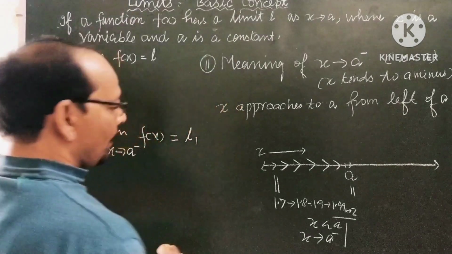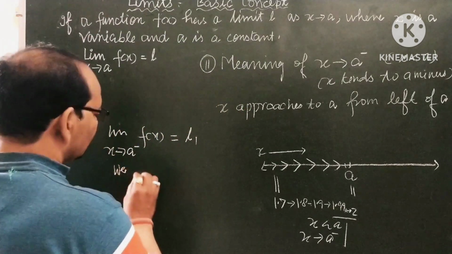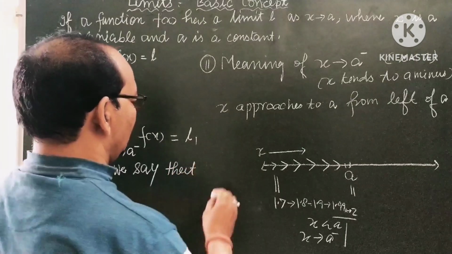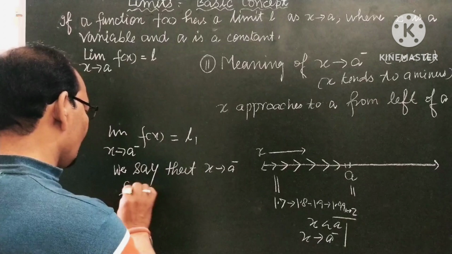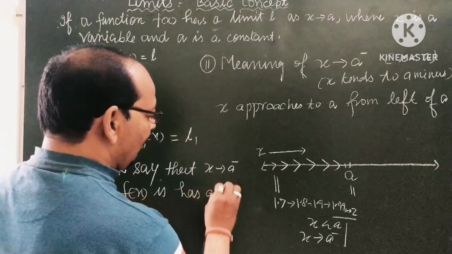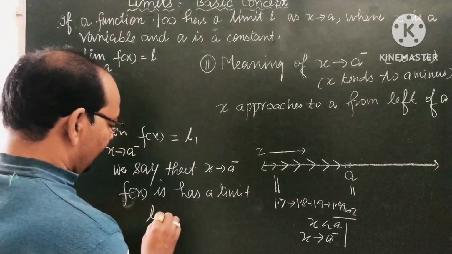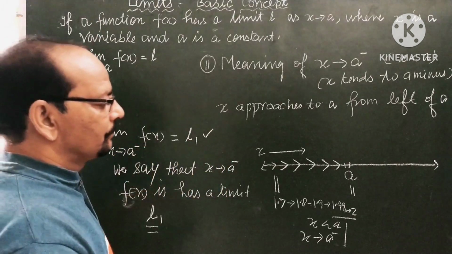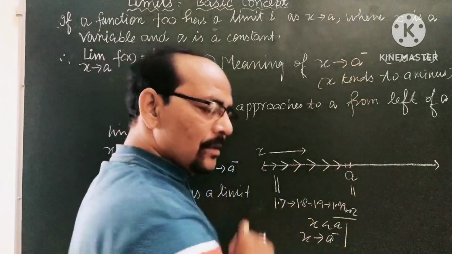Therefore, in this condition, we say that as x tends to a minus, f(x) has a limit L1. Therefore, we can write it in this form. This is the condition of x tends to a minus.